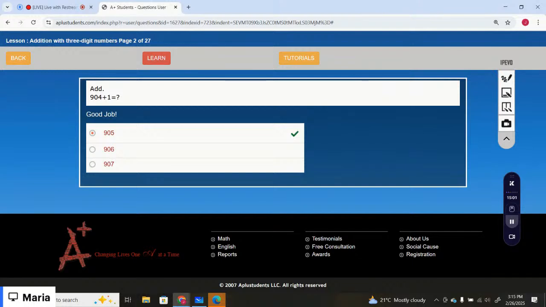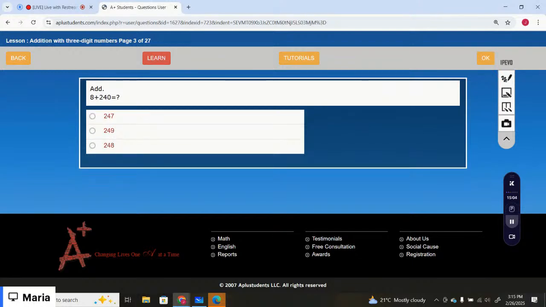Very good. 240 plus 8, which is the correct option? 240 plus 8 makes 248.